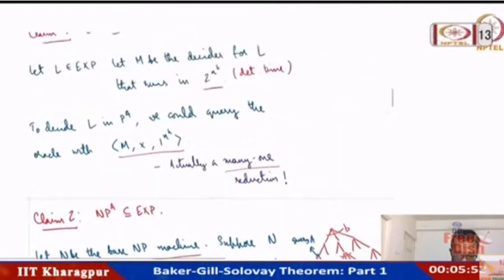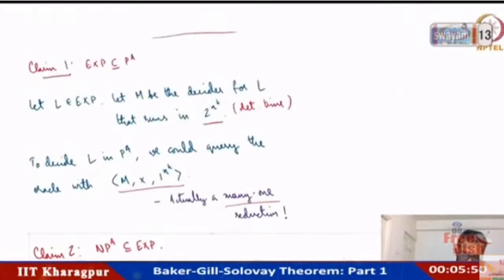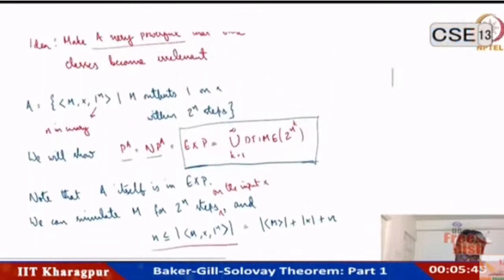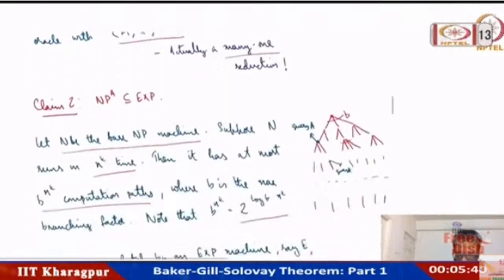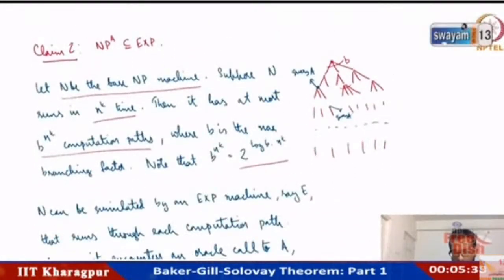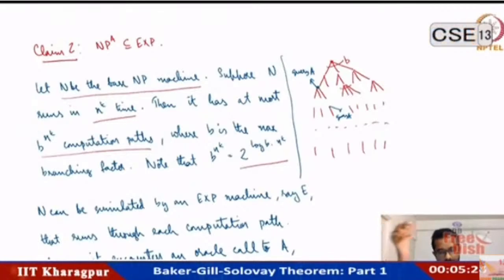But as we have already seen, the language A itself is in EXP, right? So when there is a need to query A, what can be done by the EXP time machine is to simply run the exponential time algorithm for A, output the answer, and then continue the simulation of the non-deterministic machine.